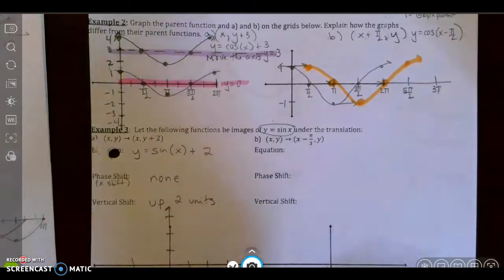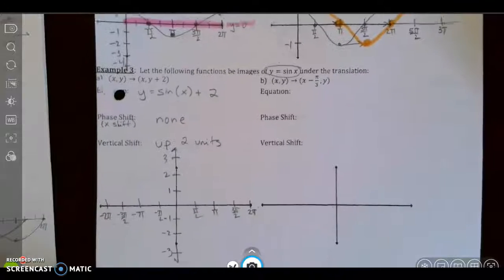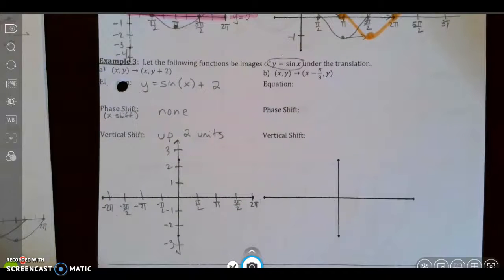Negative pi. I'm going to graph that and then we'll shift it on the next video.